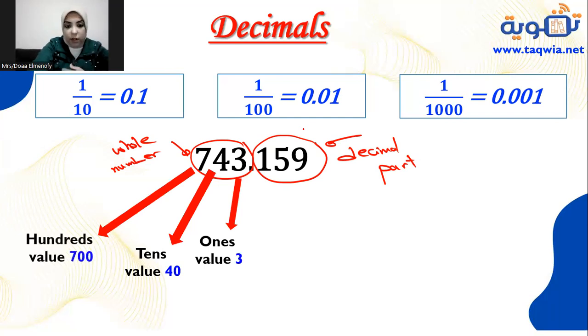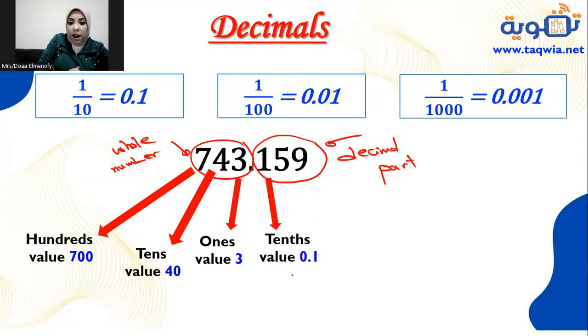So what is the value? Here we're going to keep the digit and replace the other digits by zeros. What about 1? 1 is in the tenths place, and its value is 0.1. So we replace the whole number by 0 and write 1. What about the other digits?